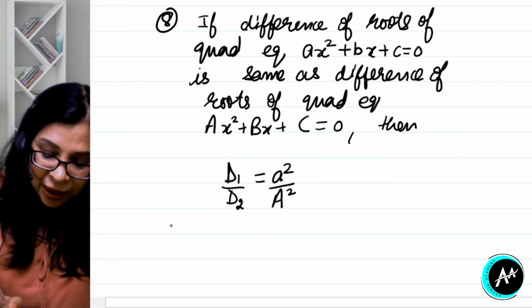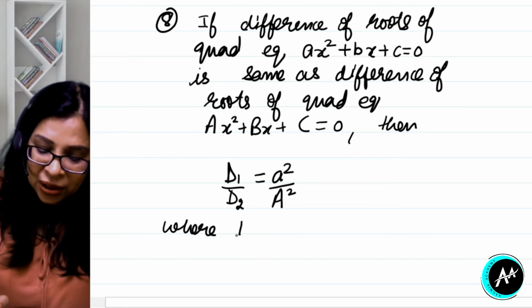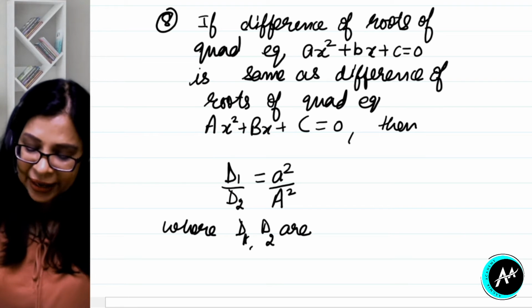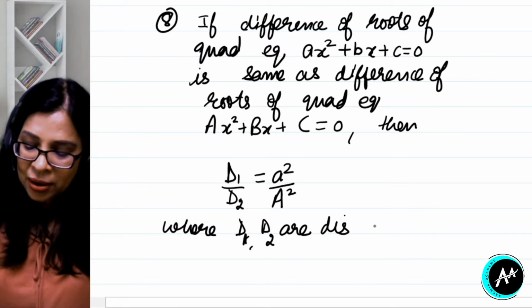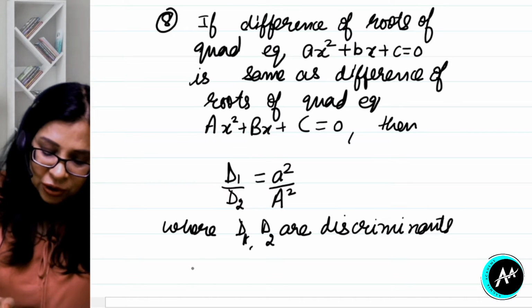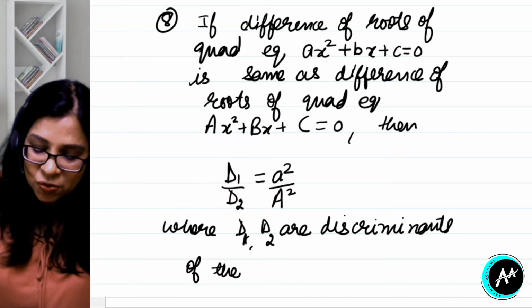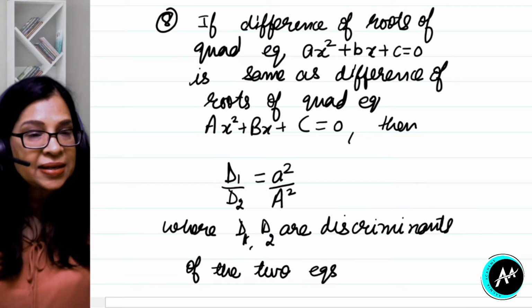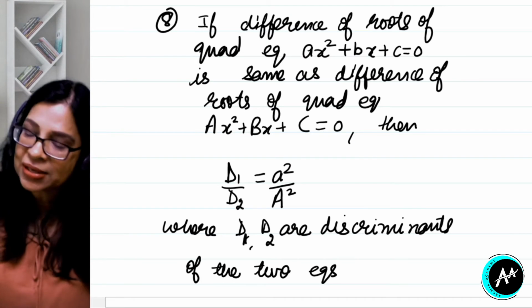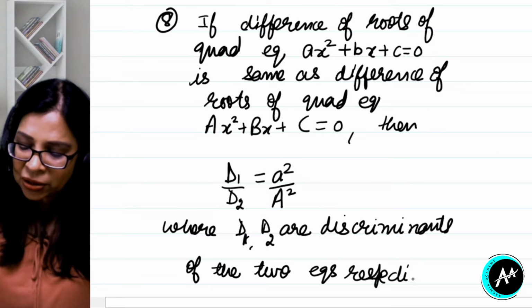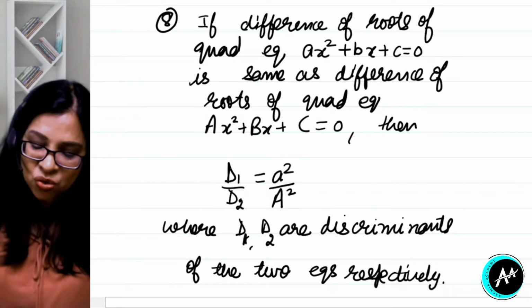So I'll write over here where d1, d2 are discriminants of the two equations respectively. Respectively means d1 is the discriminant of the first one, d2 is the discriminant of the second one, right? Now you remember the formula for discriminant, isn't it? b square minus 4ac.